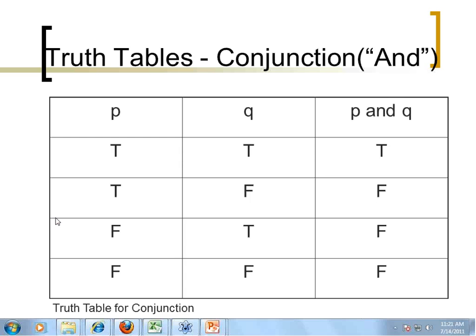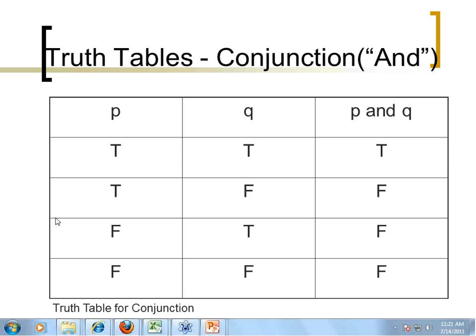So basically, this one is the opposite of the first, the OR. Not really opposite, because the two of them have the same result for true and true. But basically, it's the opposite logical thinking.